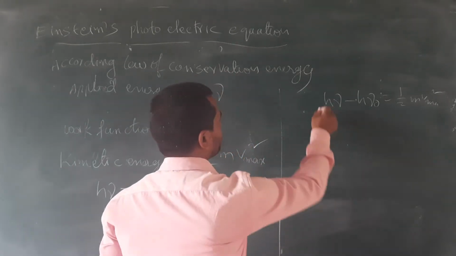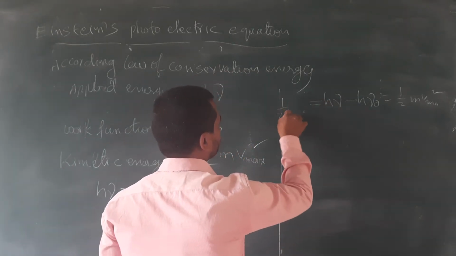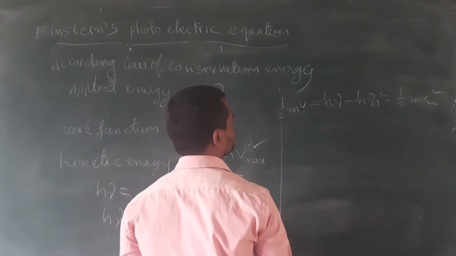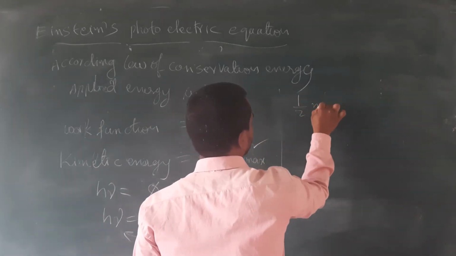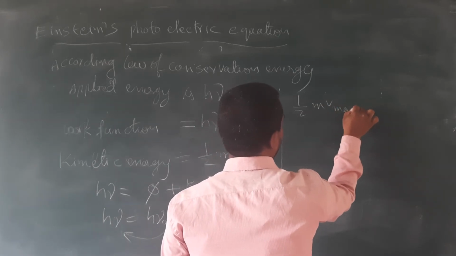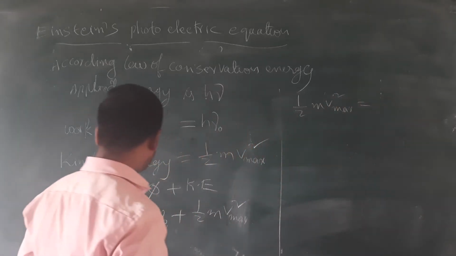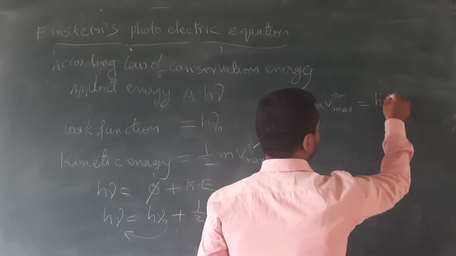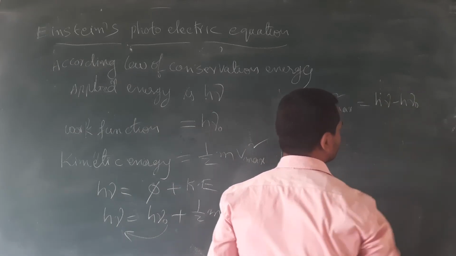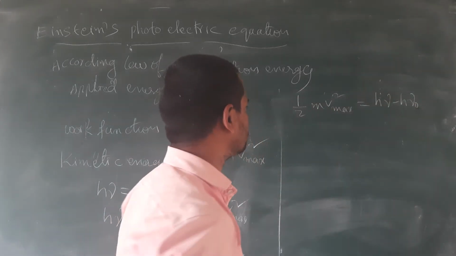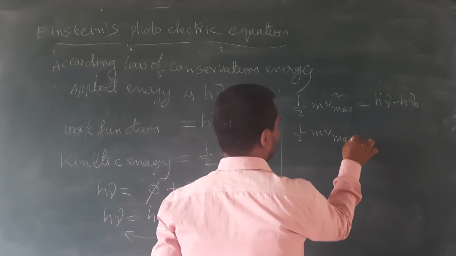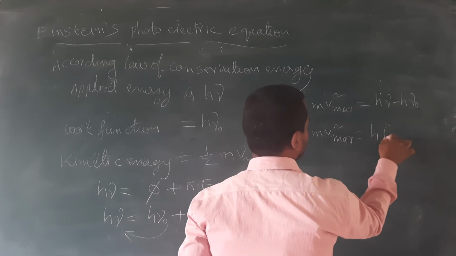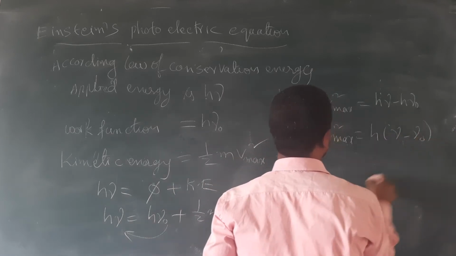Half m v max square is h nu minus h nu naught. Taking h common, half m v max square equals h times (nu minus nu naught).